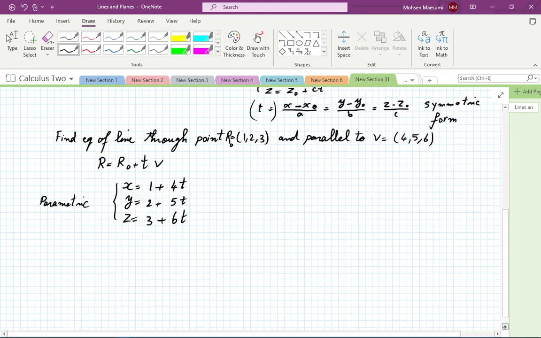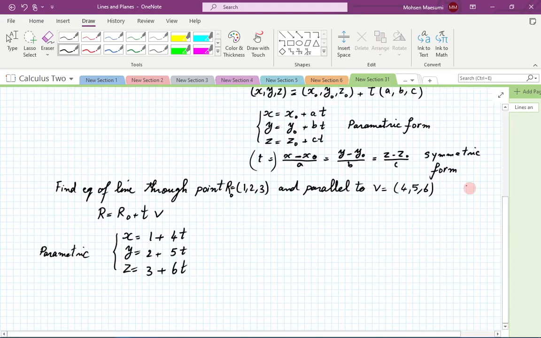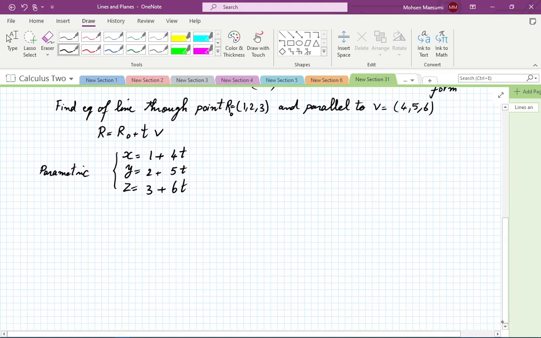Now if I want it in the so-called symmetric form, it's going to be, we calculate t from all of these equations, x minus 1 over 4, or y minus 2 over 5, or z minus 3 over 6.